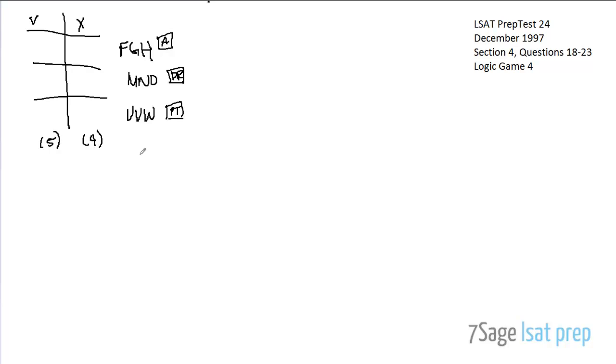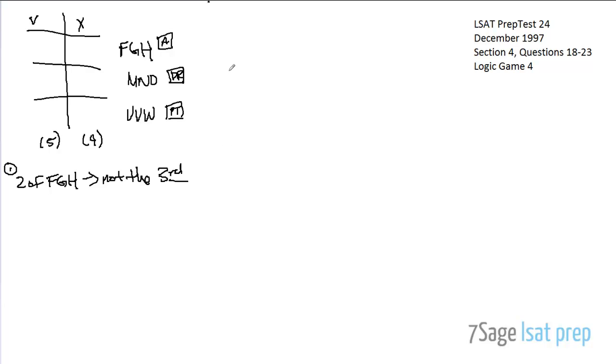Okay. So, first rule. If 2 of the antibiotics are prescribed, the remaining antibiotic cannot be prescribed. Antibiotics just refer to F, G, and H, so 2 of F, G, H implies not the third. That's rule number 1.